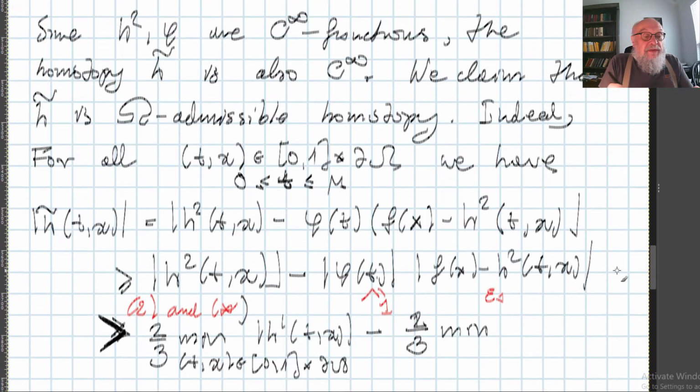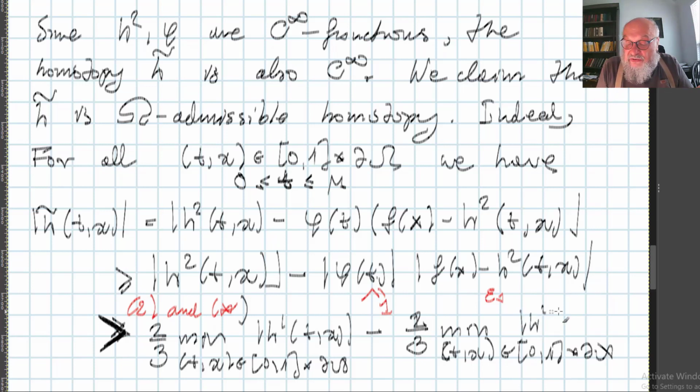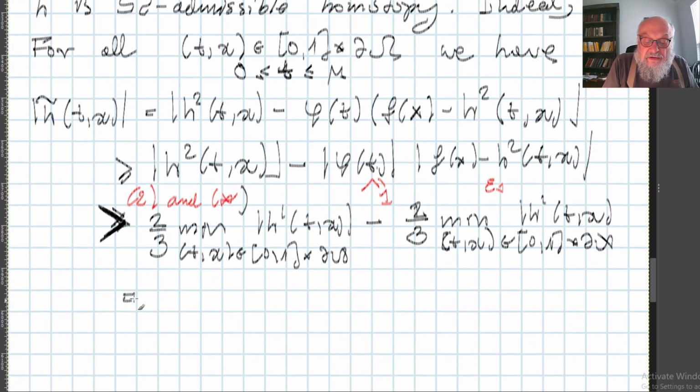So this will be 2/3, and again, that one is equal t x belongs to 0, 1 times boundary, h1 t x, and everything gives me 0. And since we have here strict inequality, we proved so.